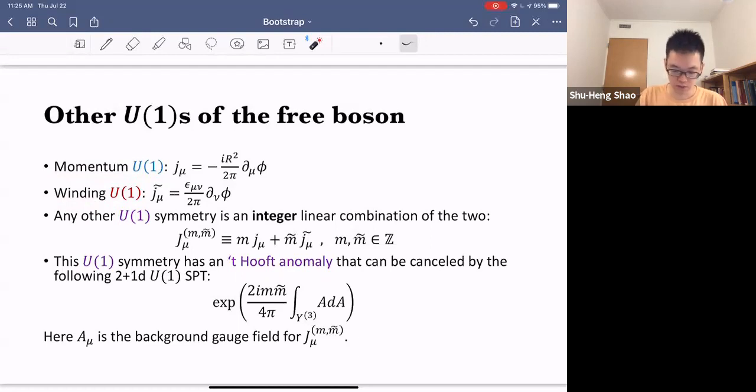First of all, at any radius, these two U1s are the fundamental U1s. What do I mean by fundamental? I mean any other U1 global symmetry is an integer linear combination of the momentum U1 and the winding U1. So by knowing these two, you don't miss anything else. If you know the other U1s, you might not get everything. But if you have access to these two, then you are good. You can generate all the other U1s this way.